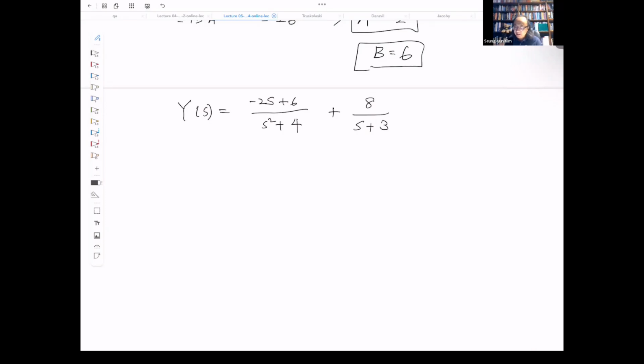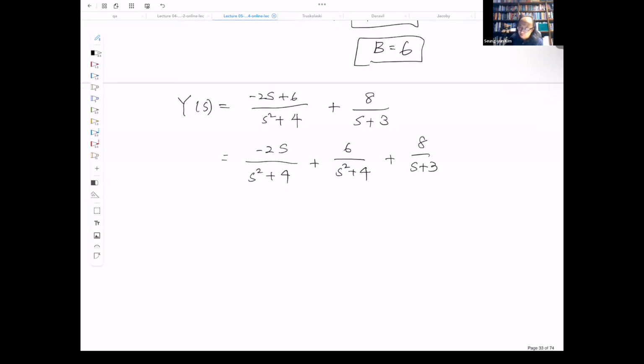The second term is easy, but for the first term, we have to separate them. If we have a square term at the denominator and we put s plus 1 for the shifting property, the first translation property, we don't want to separate them. But other than that, when you see s plus something in the numerator, you need to separate them.